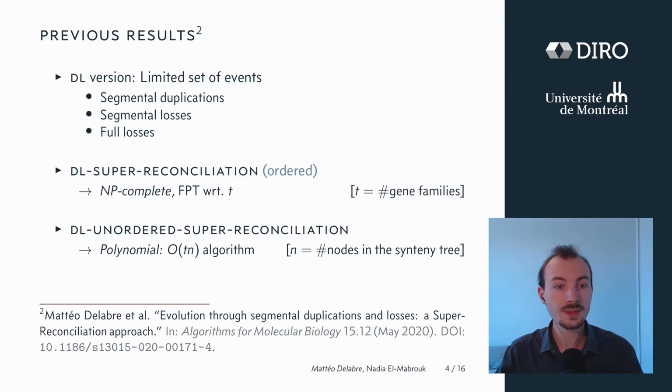In the DL setting, the ordered version is NP-complete, although it is fixed parameter tractable with respect to the number of gene families that we denote by T. The unordered version, on the other hand, is polynomial, and we know of an O of Tn algorithm, where n is the number of nodes in the syntheny tree. The fact that the unordered version is polynomial is actually one of the main motivations for introducing this version.